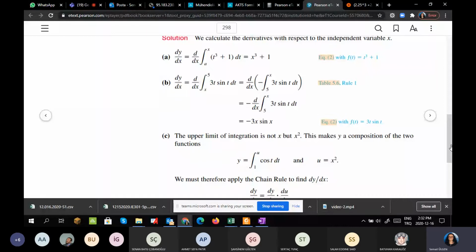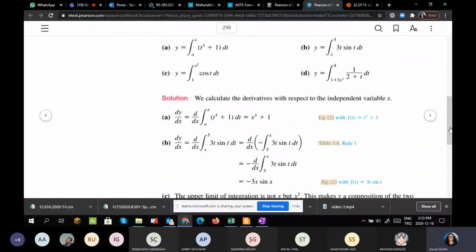Now we are going to make the question harder. Look at C. In C, look at the upper limit. It's not x anymore. It is x squared. So this is new. How are we going to deal with it? Instead of x squared, I'm going to make a substitution and call it u.